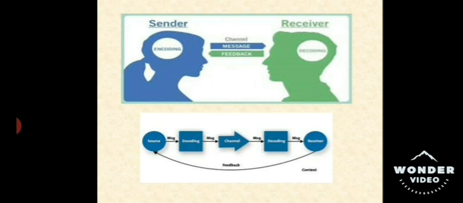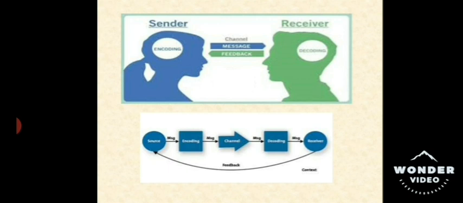The receiver is receiving the message, decoding in his own language and understanding the message. Then he is sending back the feedback. The same process is shown in the flow diagram in the figure below. The source is encoding the message and sending it through the channel. The receiver is receiving the message, decoding it and sending back the feedback.